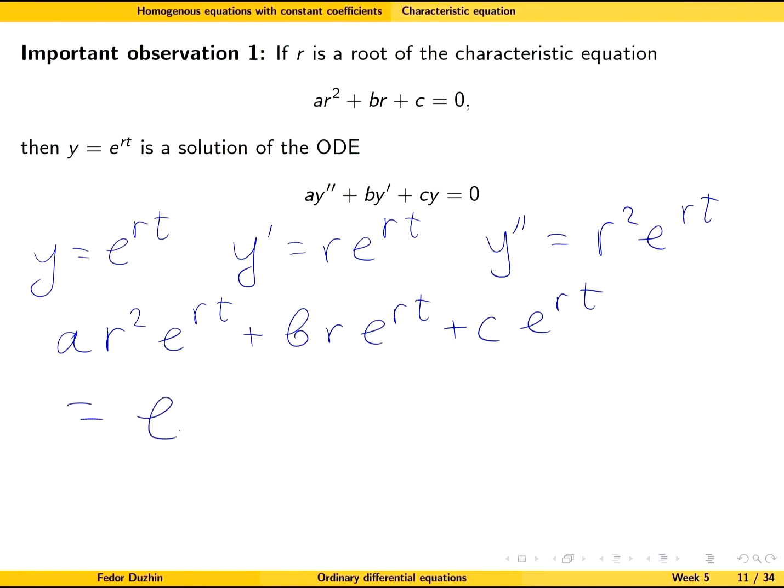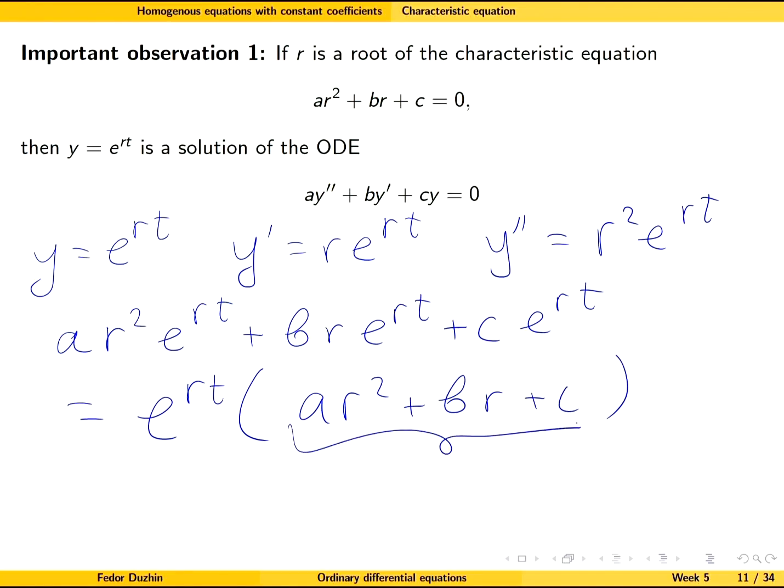Now we can factor out e to the rt, and the remaining part is a r squared plus br plus c, and this is 0. So if r is a root of the characteristic equation, then it gives us a solution of the corresponding differential equation.